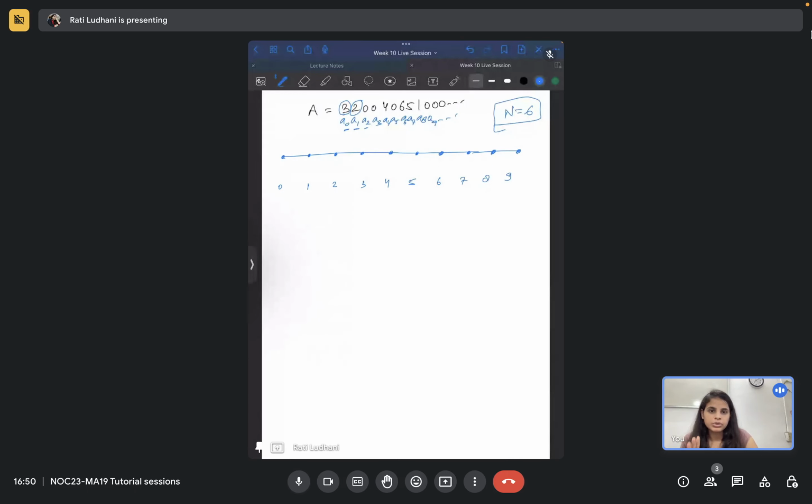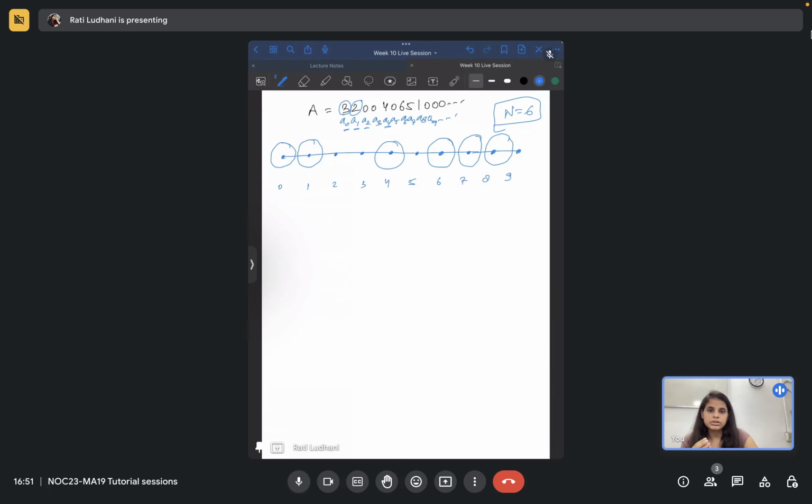Firstly, see wherever you have a non-zero entry: at 0 you have something non-zero, at 1 you have non-zero, a4 is non-zero, next a6, a7 and a8 are non-zero.